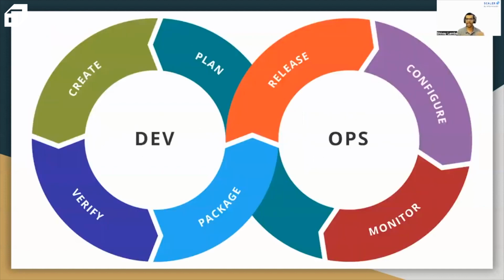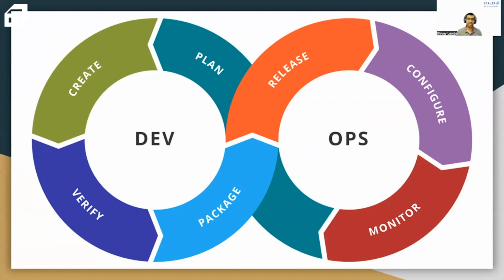And of course, the entire DevOps consists of the dev side, which is essentially planning and creating your code, creating it into a package. And then the operations side is where we manage everything from the release cycle, configuring our release so that it is made public, and we can ensure that whatever public version of the code you're releasing is going to be proper, and of course, scalable as well.